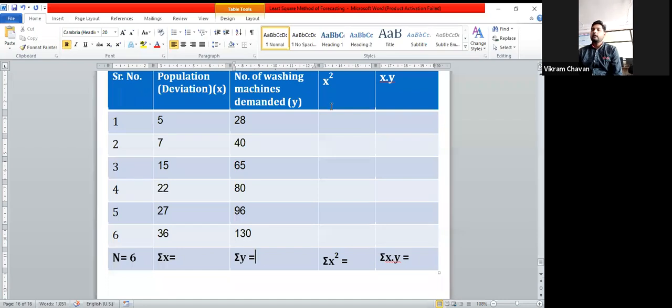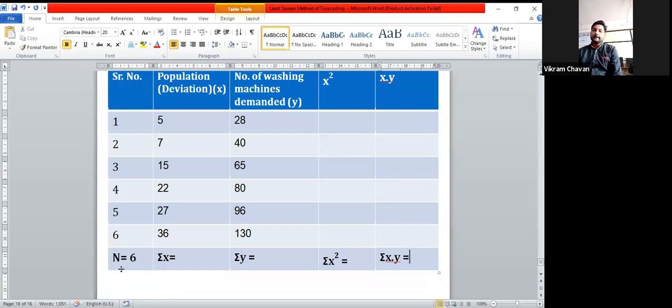Then you have to take x square, that is the deviation square: 5 square, 7 square, 15 square, 22 square, and so on. Finally, you make the multiplication of deviation and demand, write that over here, and at the bottom make the summation.